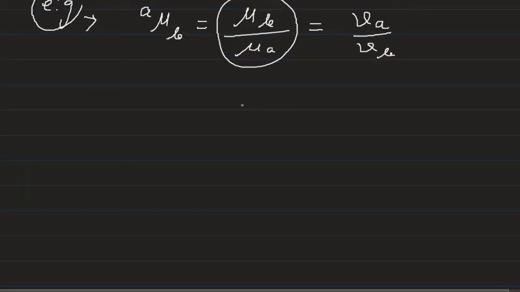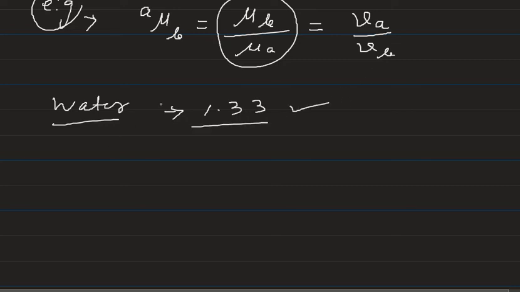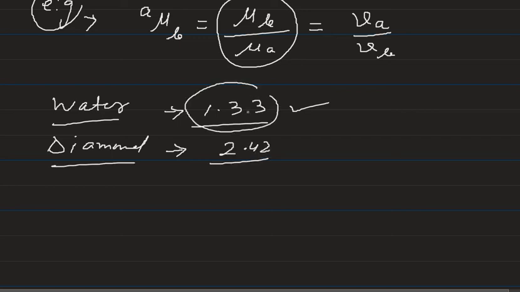सो for example like जो water है उसका जो अपना refractive index है, it is 1.33 at normal 20 degree centigrade temperature. And for example we have another one like diamond का जो refractive index है, it is approximately 2.42. So it has no units, it is just an index, it is just a number.